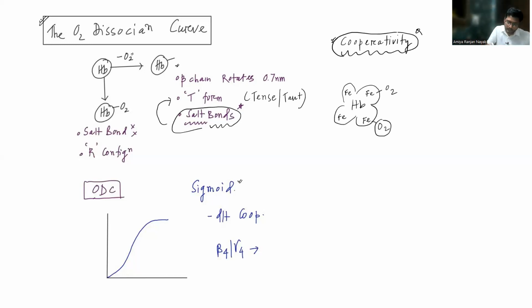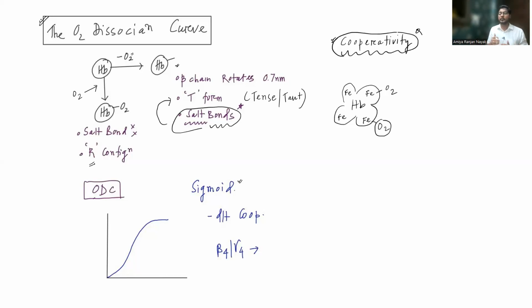Similarly, what will happen whenever you add oxygen? If you add oxygen, these salt bonds will be broken. And if you break the salt bonds, they will make the R configuration, otherwise known as the relaxed configuration. Now, if the hemoglobin molecule is relaxed, it can take up more and more oxygen.